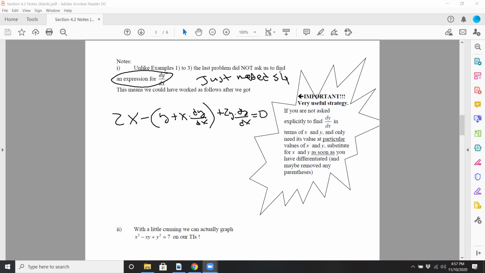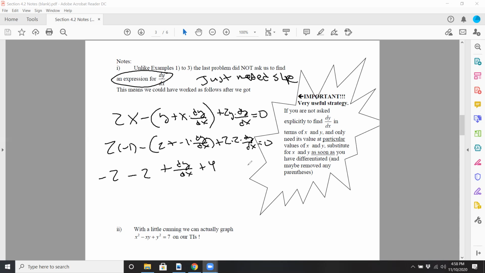So I suppose I could have just plugged in -1 for x and 2 for y, and you could have done that too if you wanted to. -2 minus 2 minus -1 becomes plus dy dx, plus 4 dy dx equals 0.